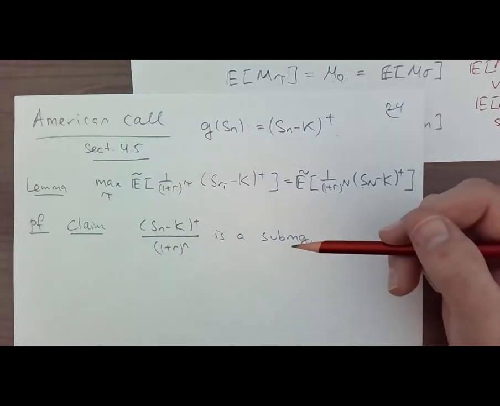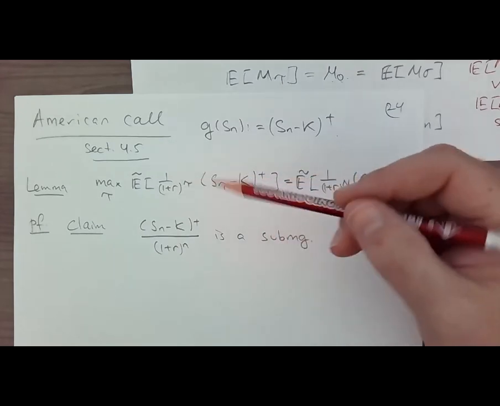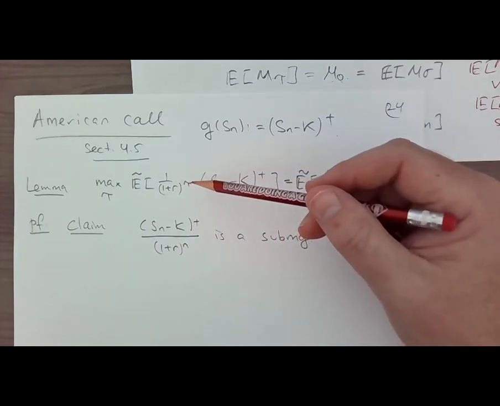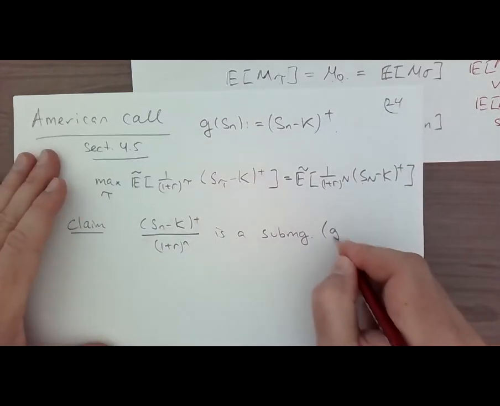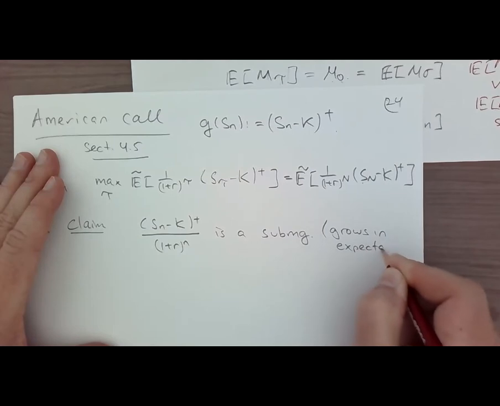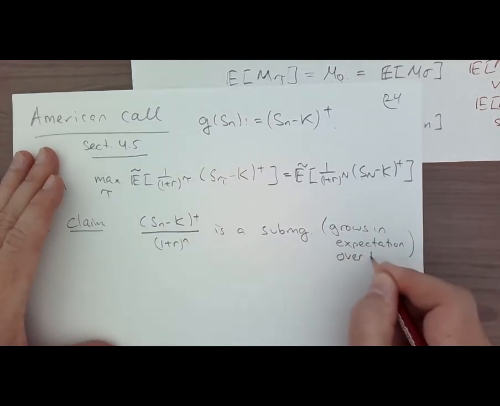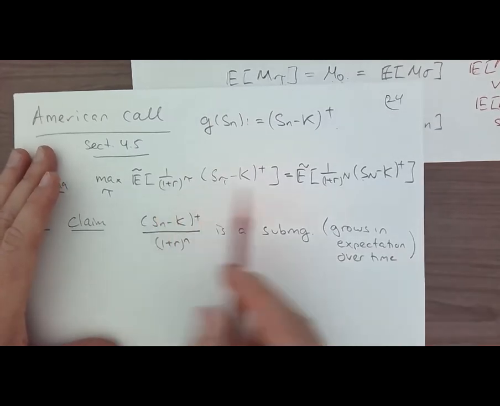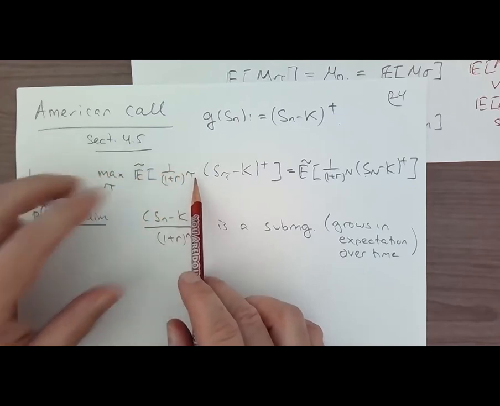And the submartingale, those are those processes that in expectation grow over time. So you can see why you want to hold off for as long as possible. This grows in expectation over time. So when it's growing in expectation over time, you want to hold off for as long as possible.